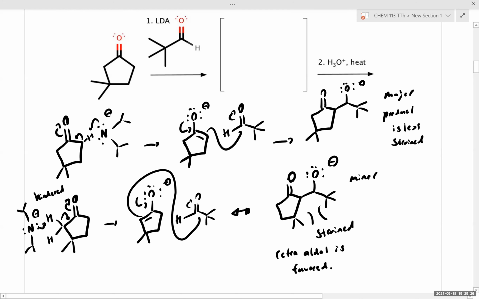So if we have a choice between these two products, because this aldol reaction can equilibrate via retroaldol-aldol processes, this equilibrium will favor the major, less hindered product. Further, the deprotonation step also favors deprotonation at the less hindered position.